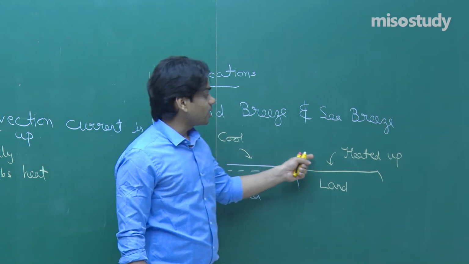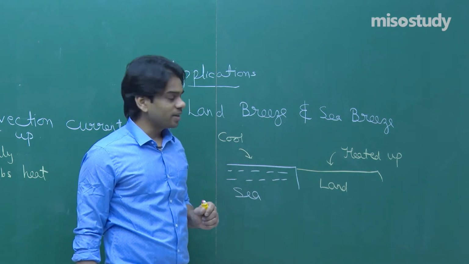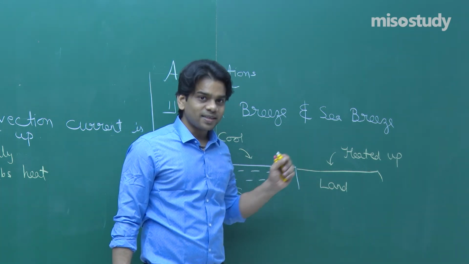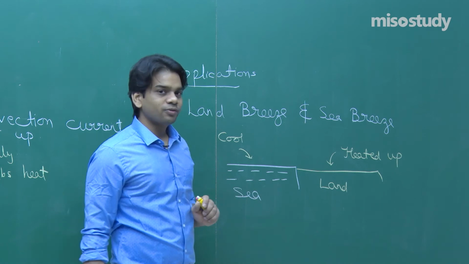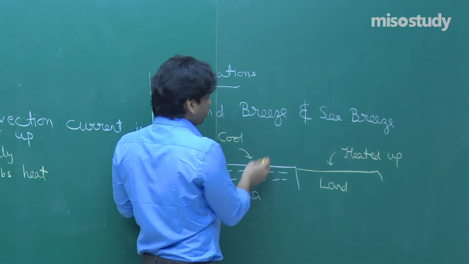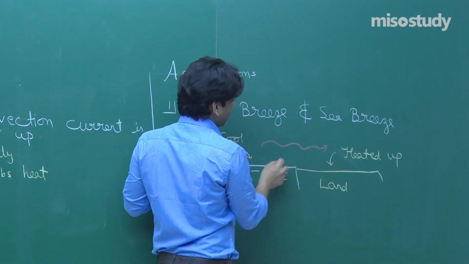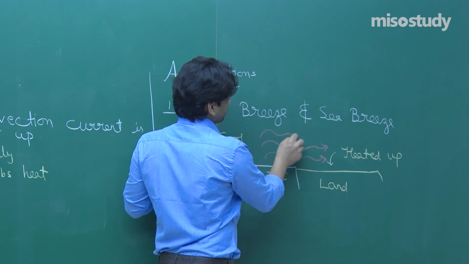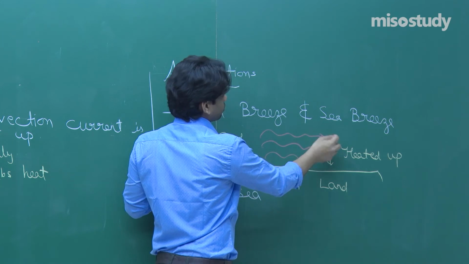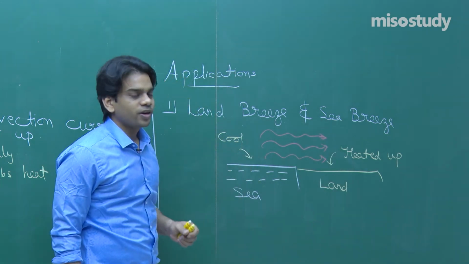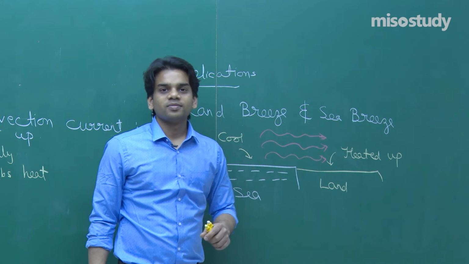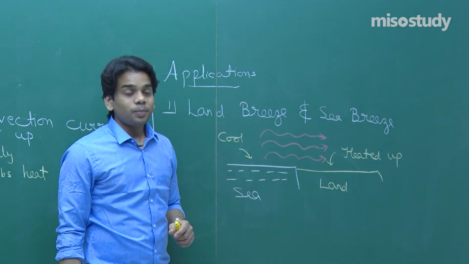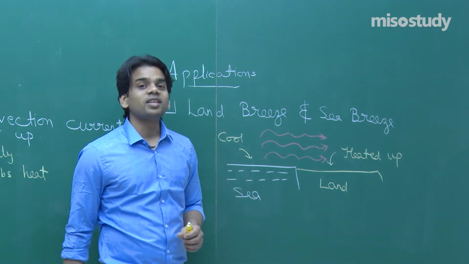When the land is heated up, a low pressure region will be created here and a high pressure region will exist here. So air is going to blow from this cooler part to this hotter part. This is the phenomenon of air moving from sea to land during the day hours. But just the reverse happens during night hours.